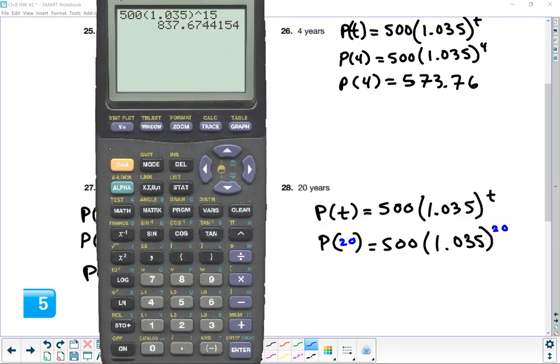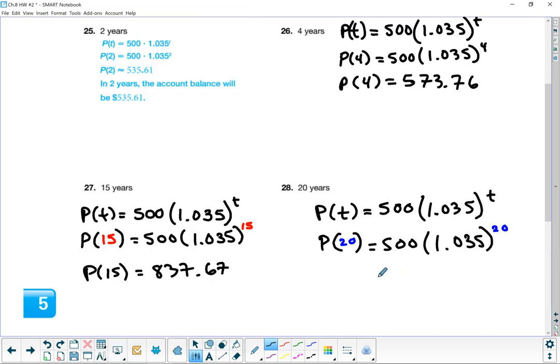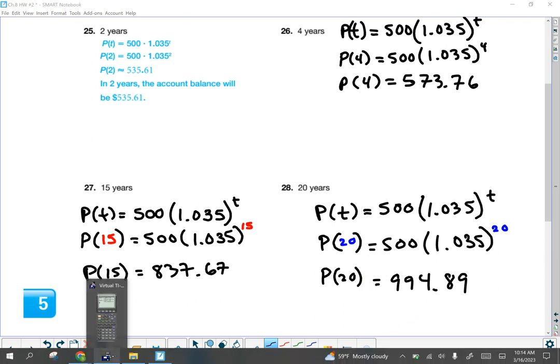Use your calculator, and I'm going to show you a quick trick. I'm going to pull this up again and just change that 15 to a 20, because that's the only thing that really changes. 994 and 89 cents. You actually don't need to keep writing P of 20, but I am. All right, folks. That's it for that one.